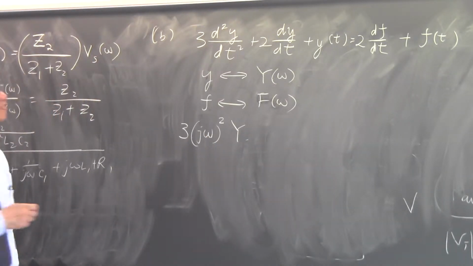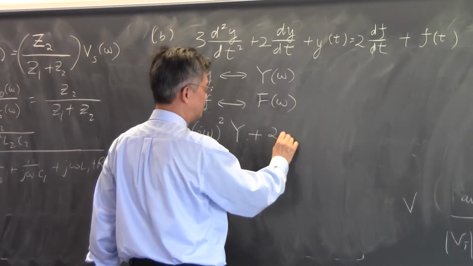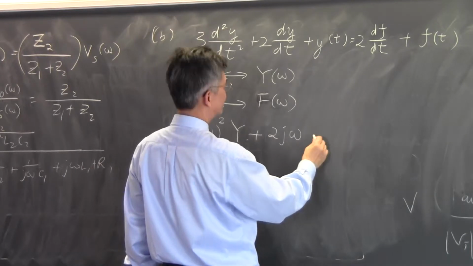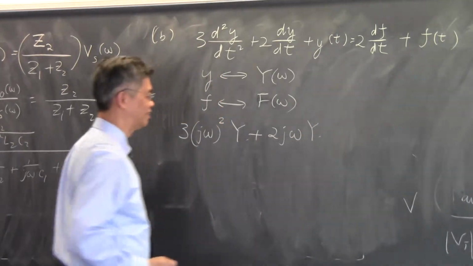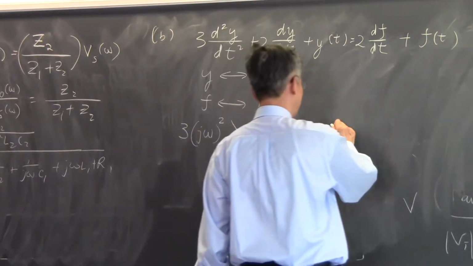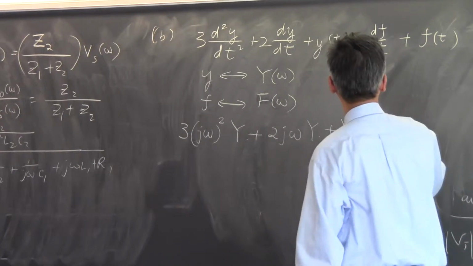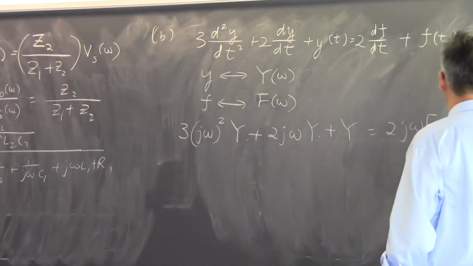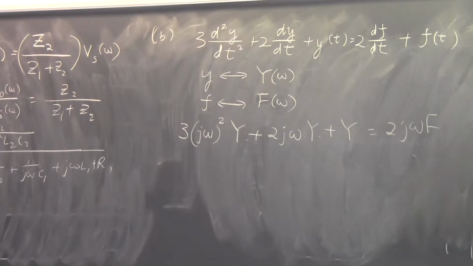Did you make a mistake? No? Plus 2. You said j omega squared, but it's j squared omega squared. Okay, it's about the same, depending on where you put the square. Okay, and then Y, and then you have 2 j omega F plus F. Okay, so this is the phasor equation for this.